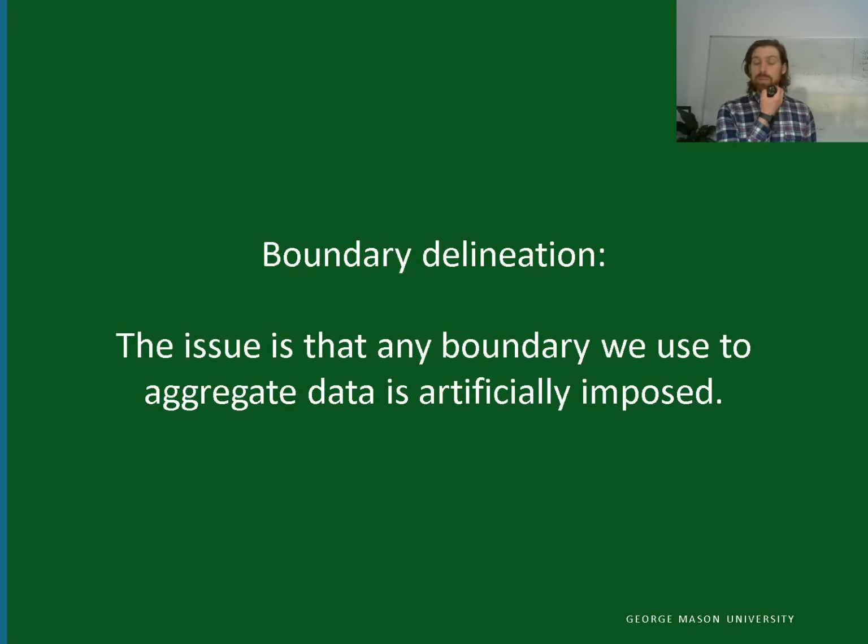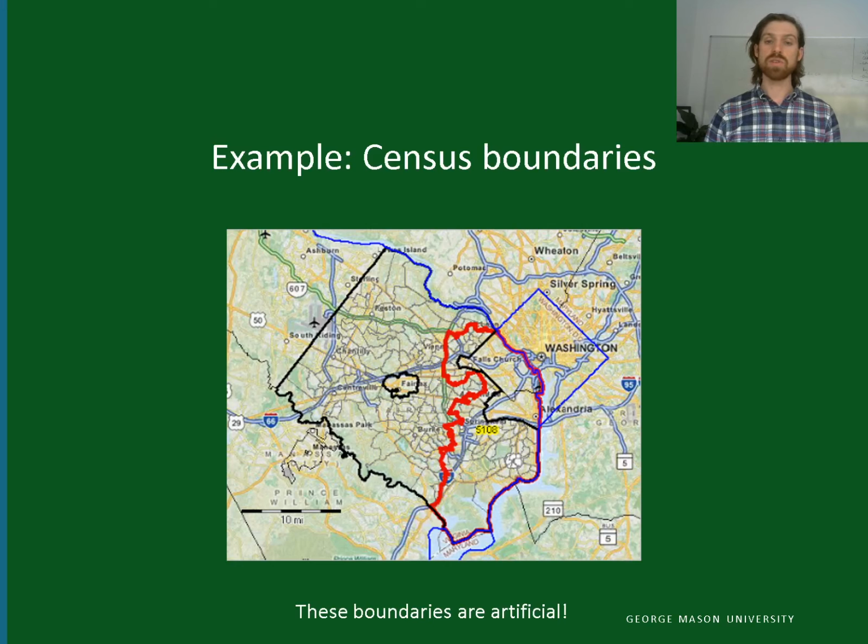So why does this happen? Well, boundaries ultimately are artificially imposed. Often they're political boundaries, and they're created by us, by governments, for example. So just to give you an approximate case, here we've got the census boundaries for Fairfax County.